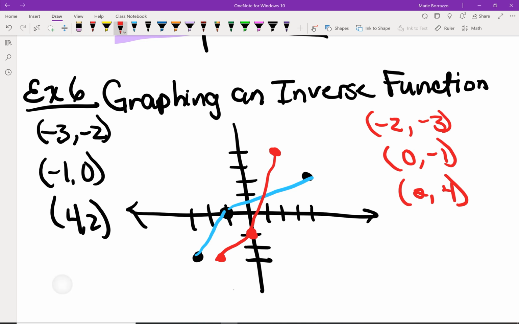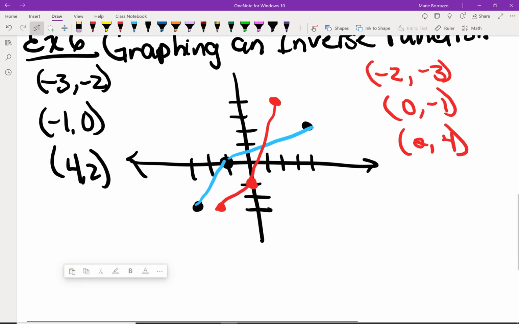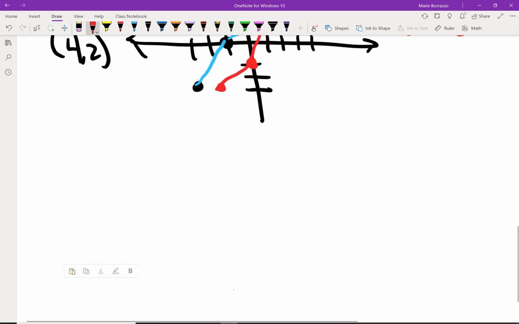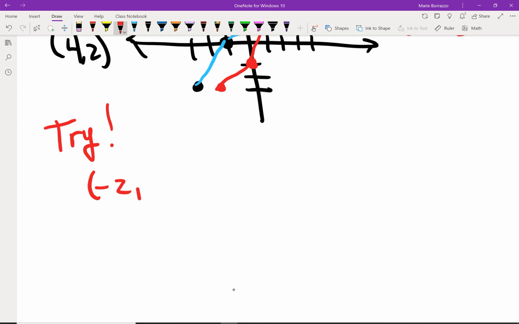So for your try question on this example, if you need me to pause the video, I will. They're asking you to draw the inverse, or graph the inverse. They're giving you the points (-2, -2) to (-1, 0).